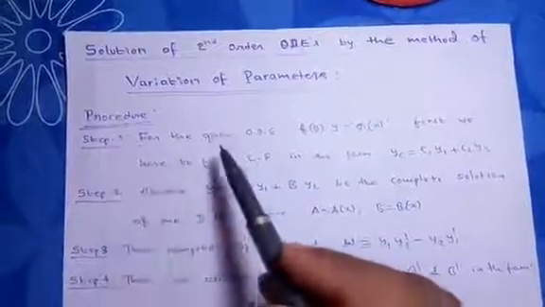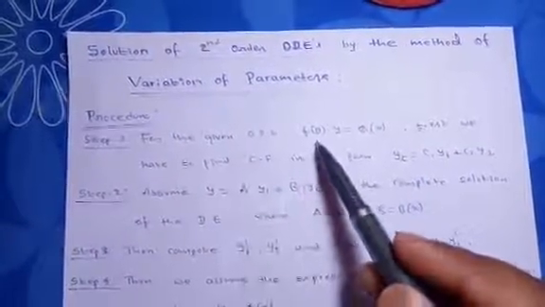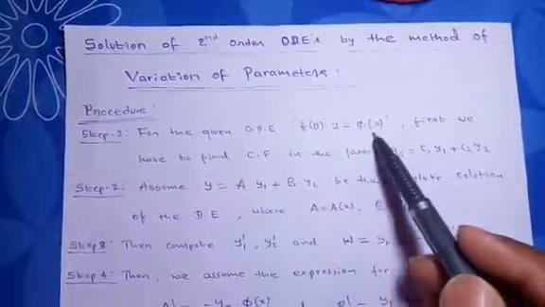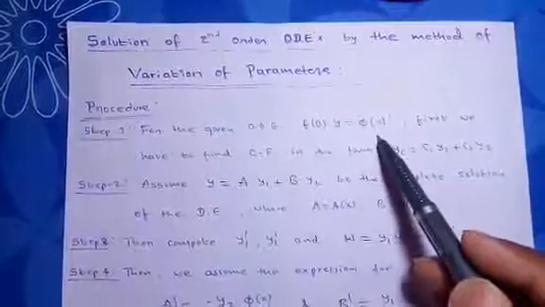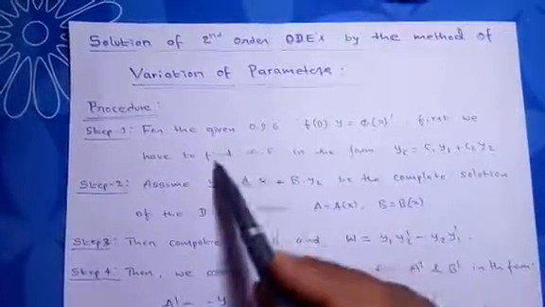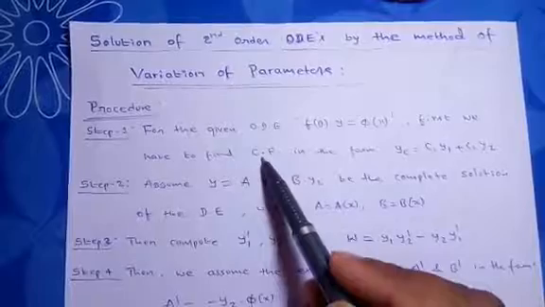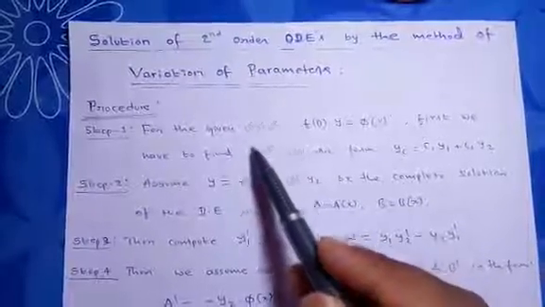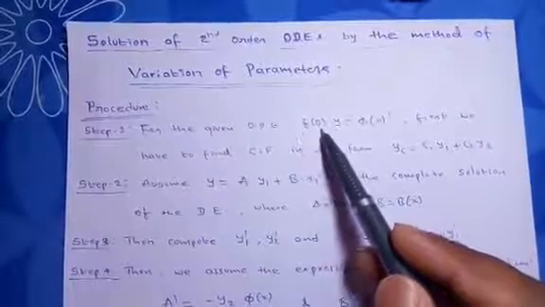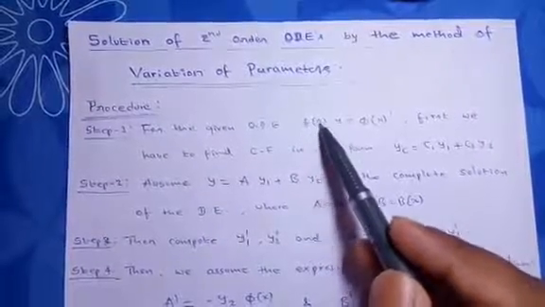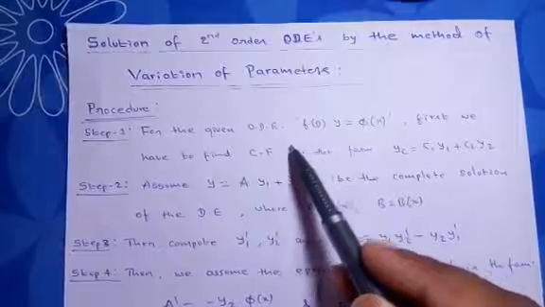In step 1, we have to write the given differential equation in the form f of D into y equals phi of x, function of derivatives into y equals phi of x. After that, first we have to find the complementary function. We know the method of obtaining complementary function. First we have to write the auxiliary equation f of m equals 0 just by replacing D by m and find the roots.